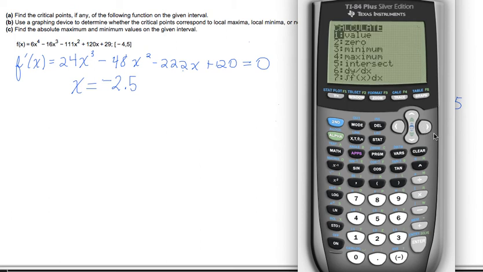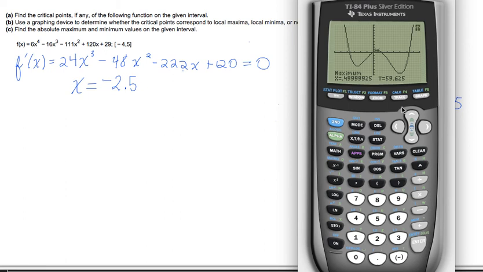Okay, then we need to go to calc and do the maximum. Come over here to this little local max. Okay, that's on the left side of the max. Then we go to the right side of the max and hit enter again. I wonder if that's supposed to be a half. That sure does look like it. I have a strong feeling that that's supposed to be x is 0.5 and that my calculator's rounding.